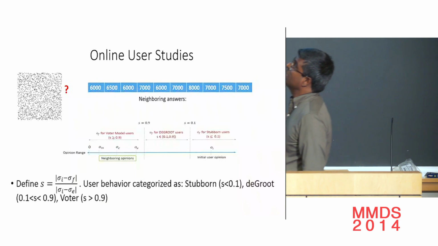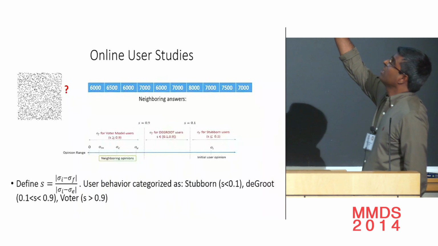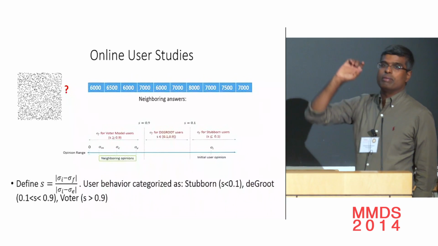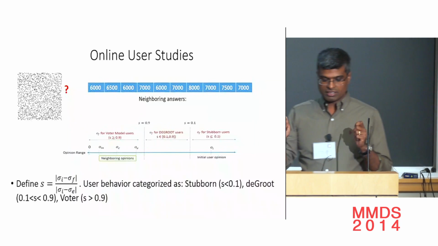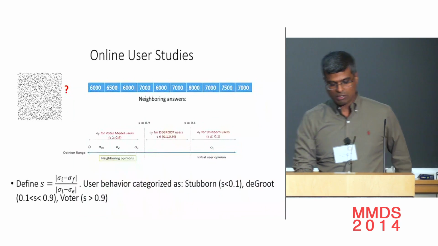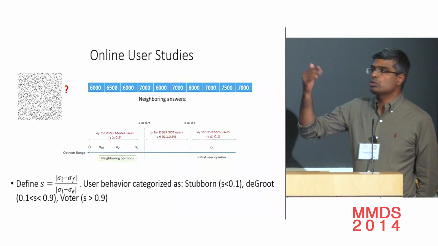So this is how the experiment was set up. The user is on the right here, and we demarcated based on the final answer and the initial answer, based on the difference in these answers, which is denoted by this variable s. We classified the user into 3 buckets.